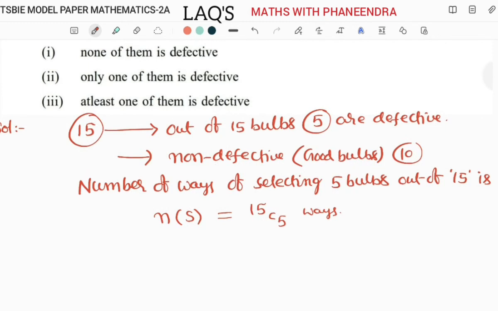Now come to question number 1, Roman letter 1. None of the bulbs is defective. The question is none of them is defective.